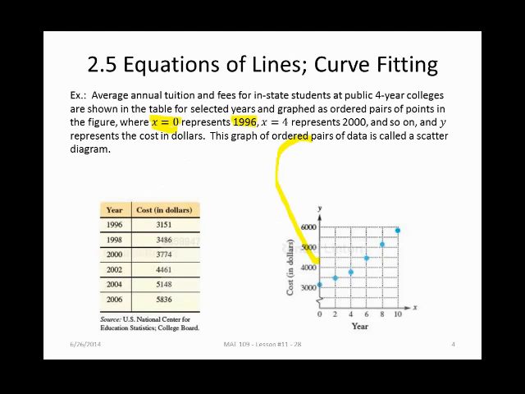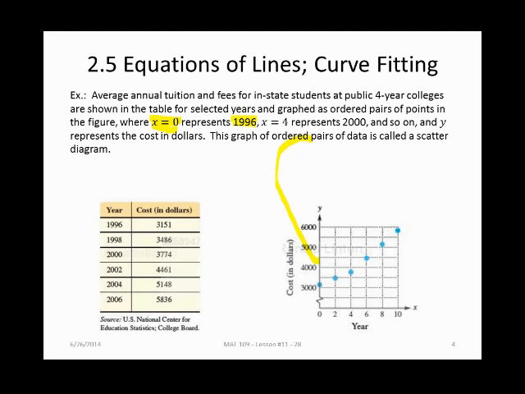Here's an example. In this case, let's suppose that you're given a table of data for annual tuition and fees at four-year colleges. It's given by year, and the tuition fees are given in dollars.